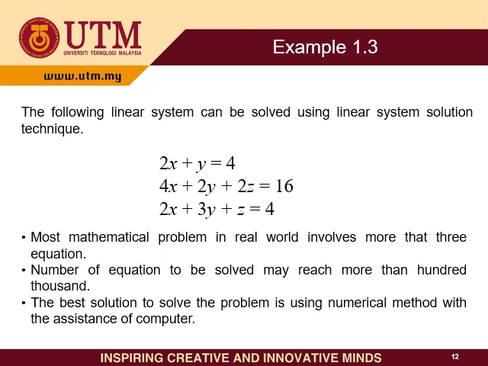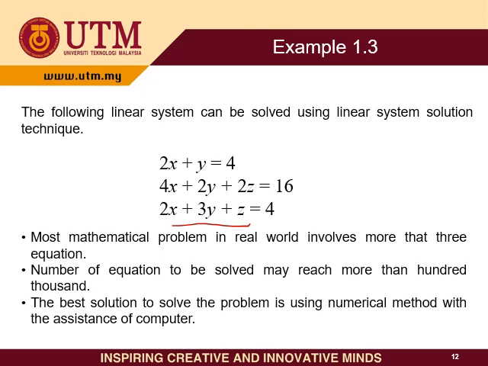Another example here shows what we have learned in the previous chapters. They give you a linear system that can be solved using linear system solution. If you have 3 equations here, you can solve it using Gaussian elimination that we have already learned, and then you can find the answer. But most mathematical problems in the real world involve more than 3 equations.